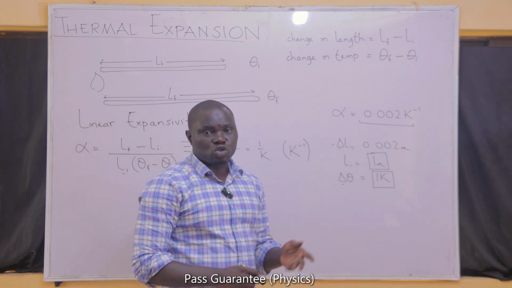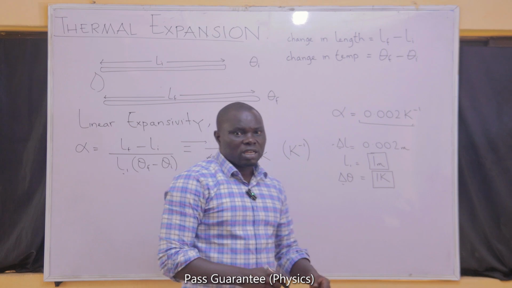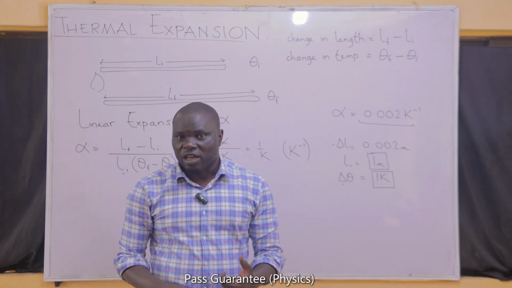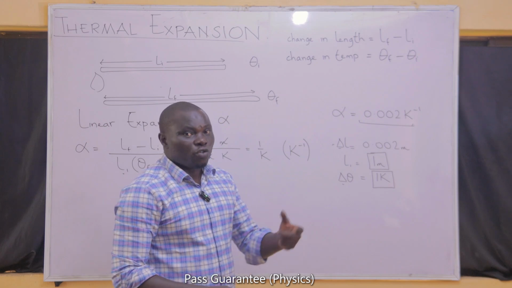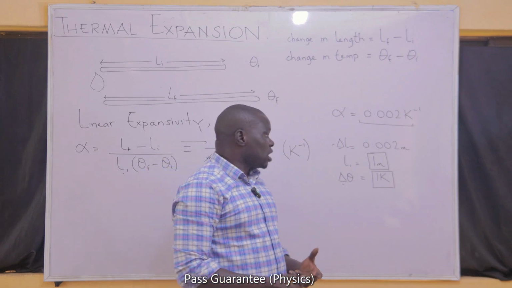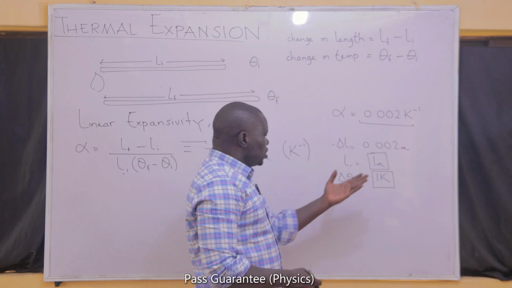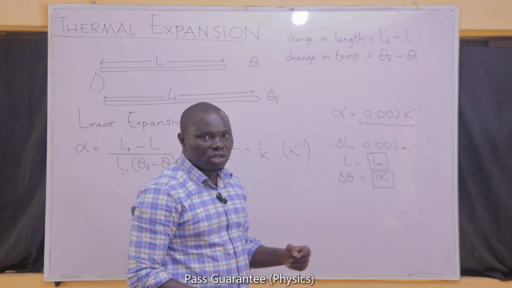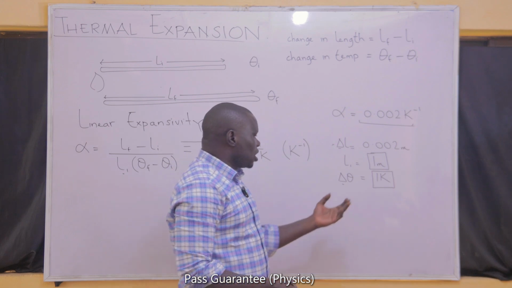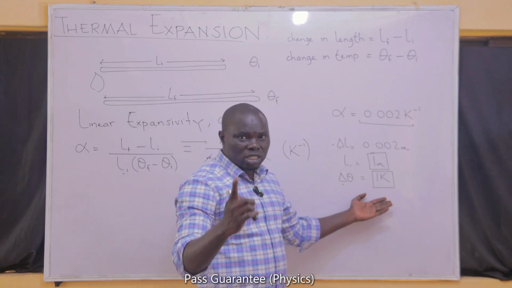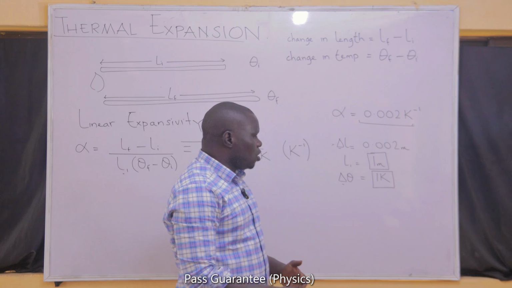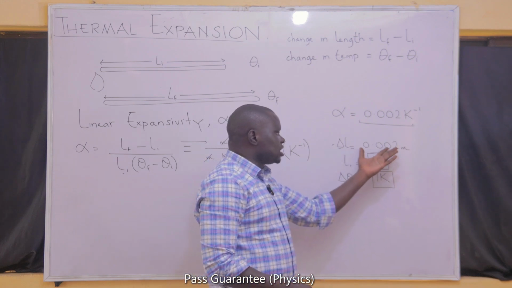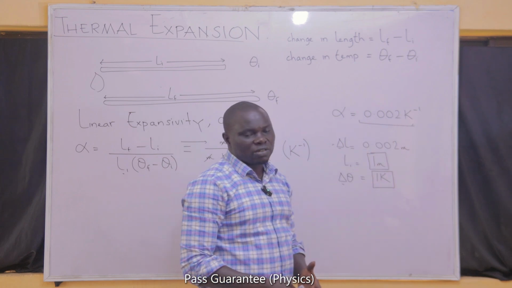If its temperature is 20 and you increase it to 21, in that case, you have heated it through 1 Kelvin. If the temperature is 50 and you are heating it to 51, then you have also heated it through 1 Kelvin. So if you take 1 meter length of that material, that is what we refer to in that definition as the unit length, and you increase its temperature also by a unit, that means by 1 Kelvin or 1 degree Celsius, what you are going to have as a change in length is what we express as the linear expansivity.